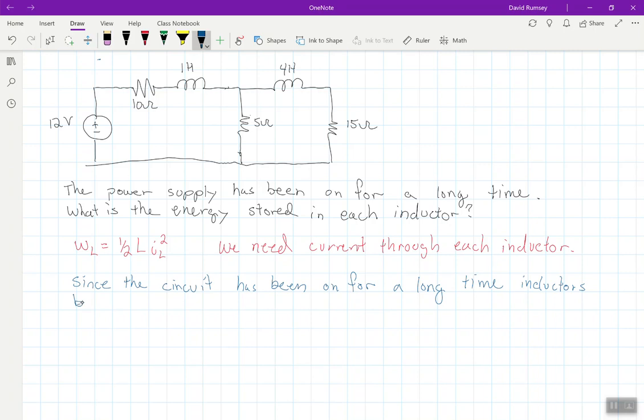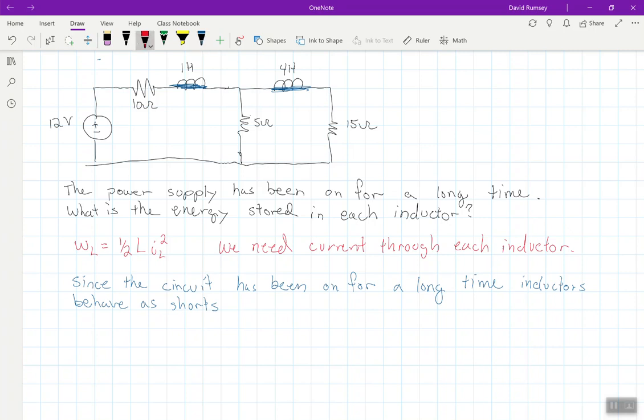Now I'm not going to erase the inductors, but I'm just going to draw kind of a blue line through each of them here to indicate those are acting as shorts, because I need to find the current through them.